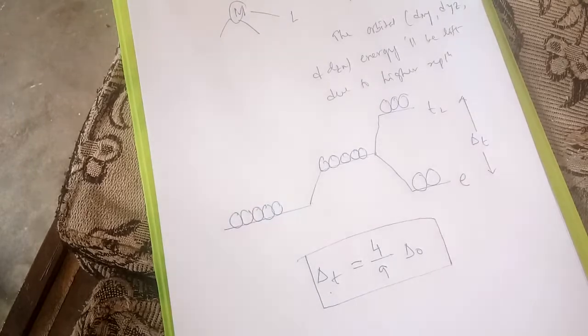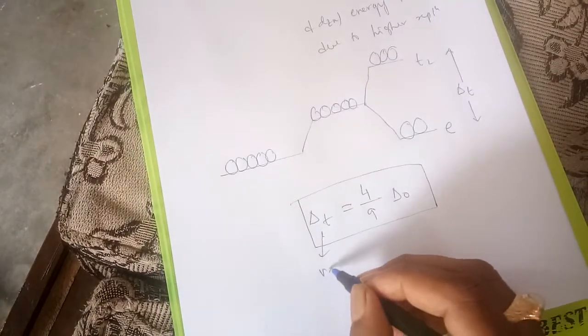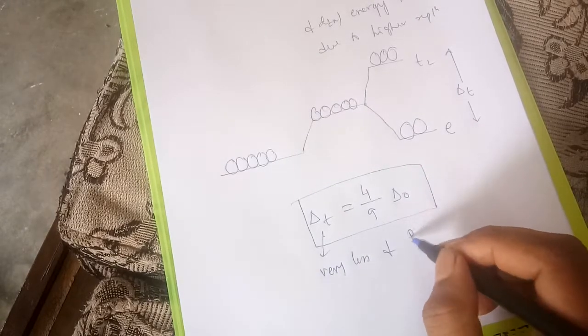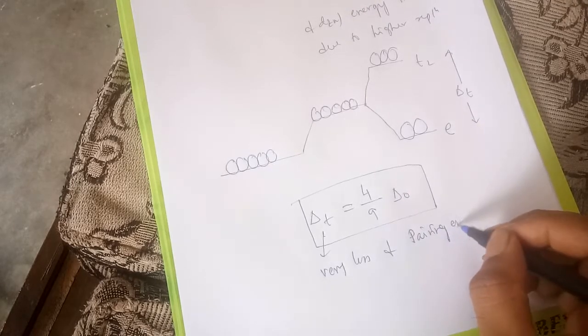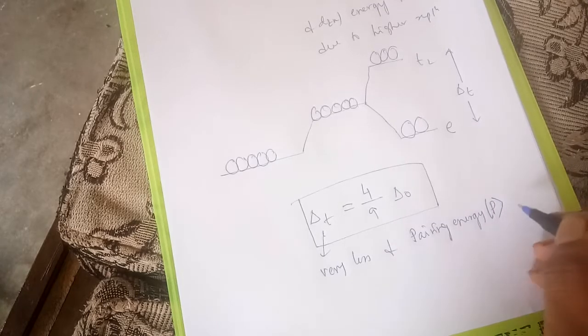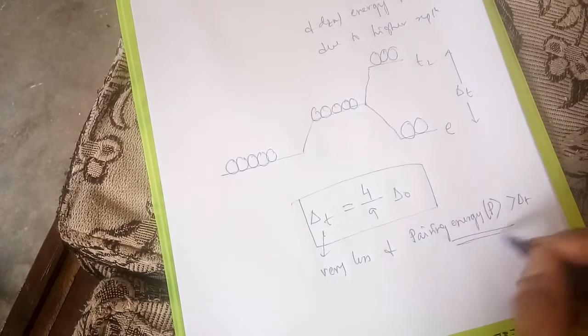That is why the del T value is very small, and pairing energy P is found to be always greater than del T value.